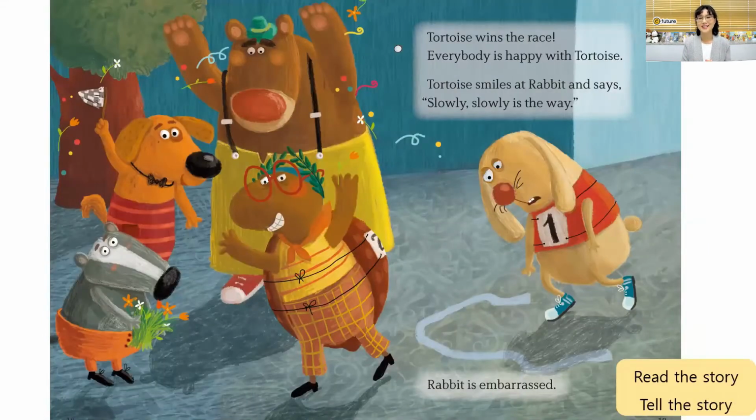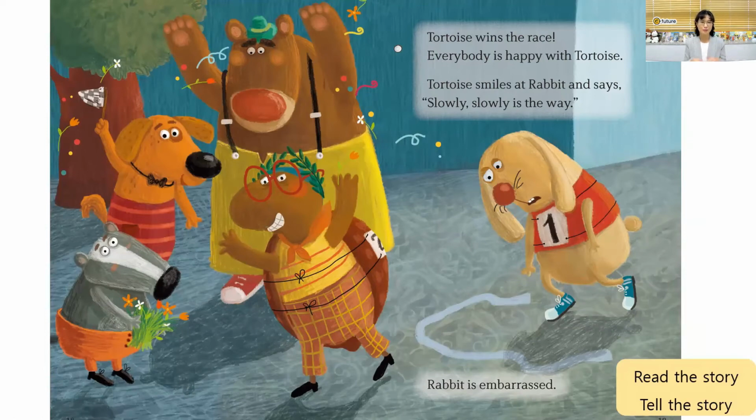Tortoise wins the race. Everybody's happy with tortoise. Yay! Everybody's very happy, right? They're all cheering. And tortoise smiles at rabbit and says, slowly, slowly is the way. Rabbit is embarrassed. Okay, look at the rabbit. The rabbit is embarrassed.